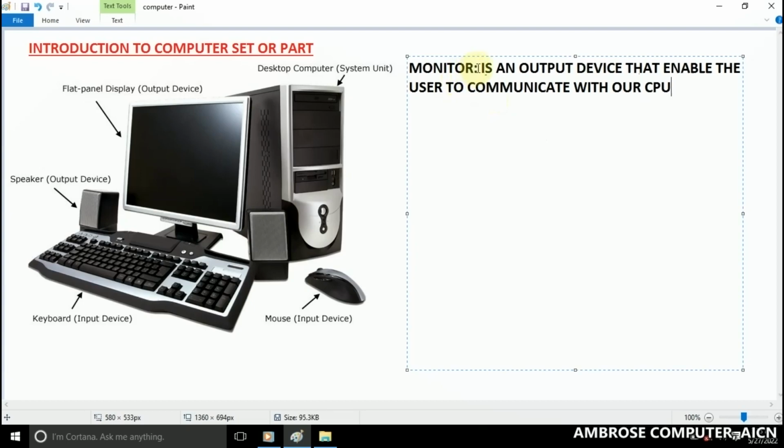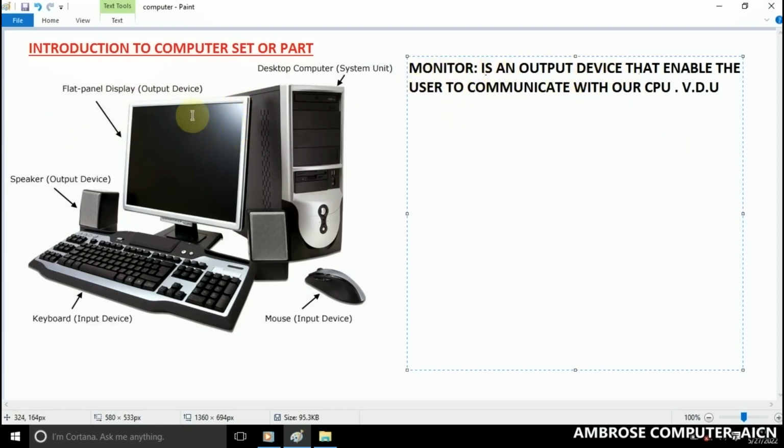So monitor in layman's language simply means help me to monitor something, help me to monitor my children. That is what I mean by monitor. People also refer to it as VDU, which means visual display unit. So this is the definition of the monitor I can give to you.